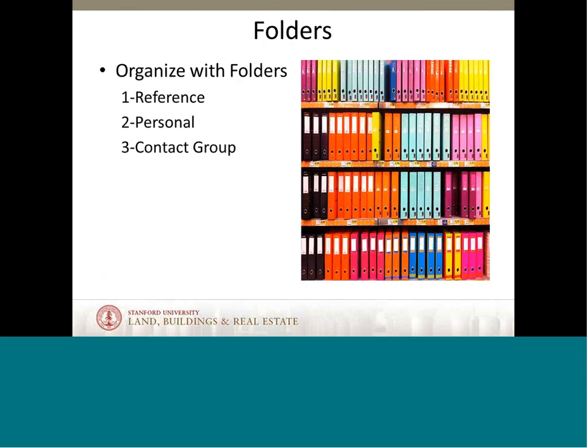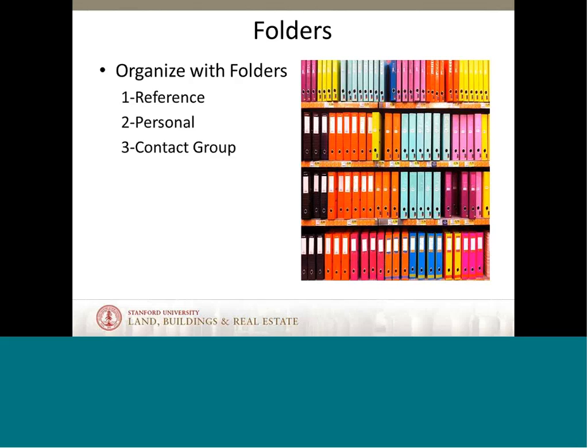Basically, with these three folders, you name one of them 1-Reference. Putting the number in front of the folder name makes it sort higher on top, instead of alphabetical, where an R would end up at the bottom. So I'll put a number on top.